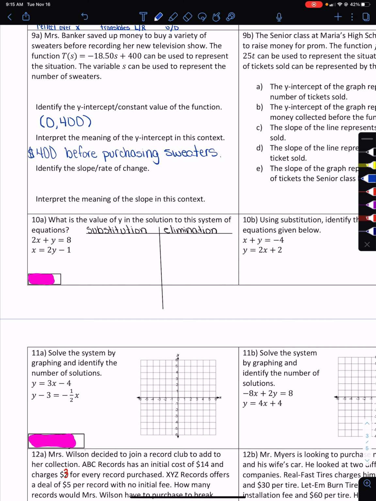Identify the slope. Well, the slope is the number in front of the variable. So our slope in this case is negative 18.50. Okay, remember, if you like it as a fraction, you can just put it over 1. Okay, interpret what that means. Well, negative 18.50, that is the cost for 1 sweater.